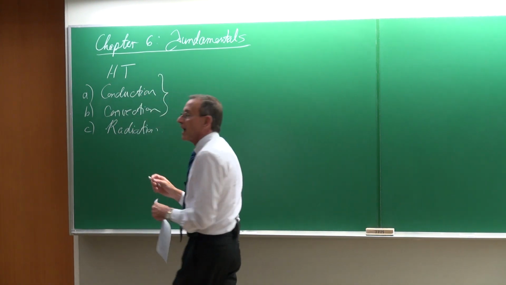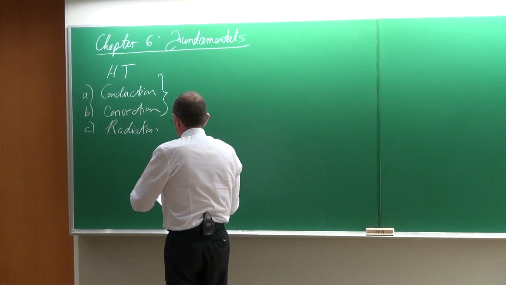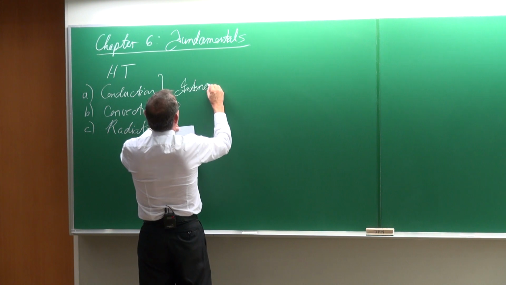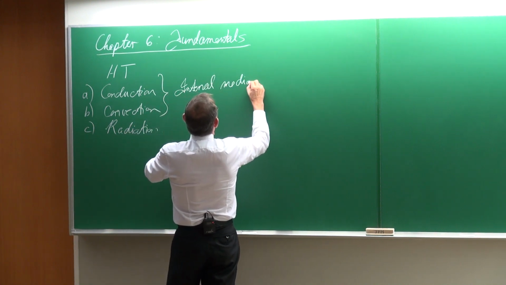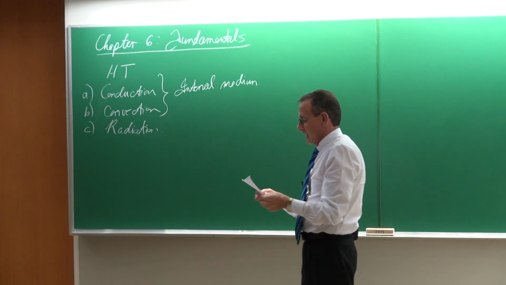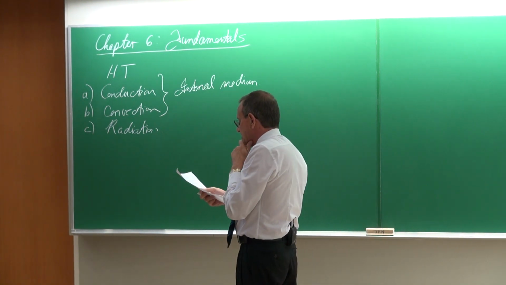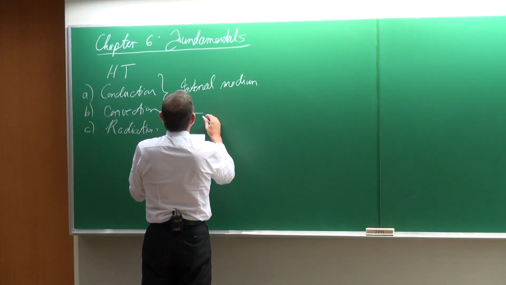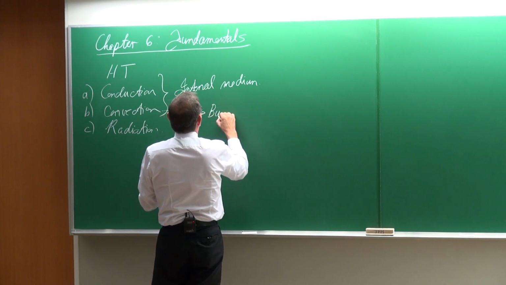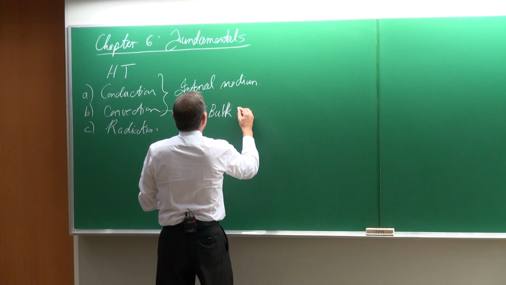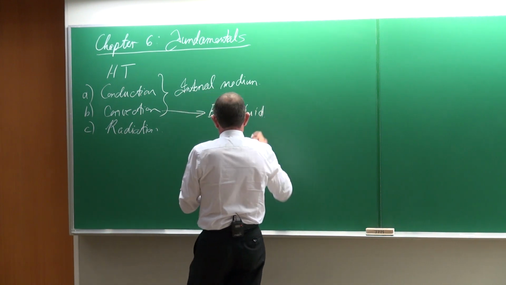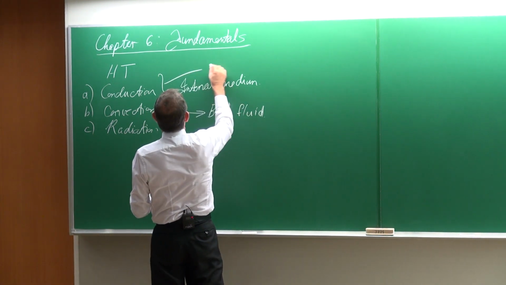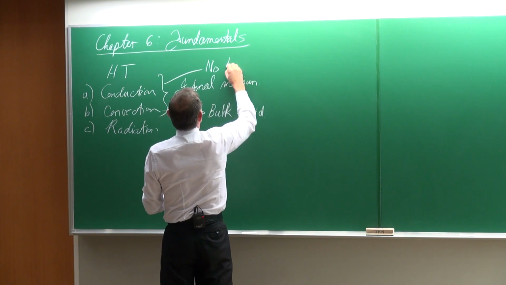Now, what those two have in common is that there must be an internal medium. The difference between conduction and convection is that with convection, there is always a bulk fluid involved, and with conduction, there's an absence of the bulk fluid.